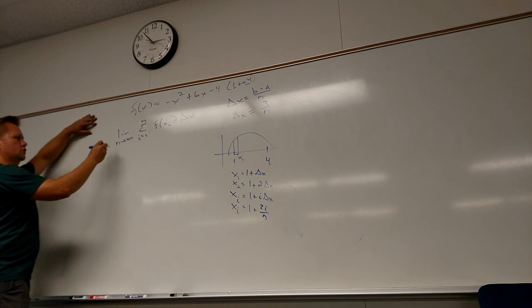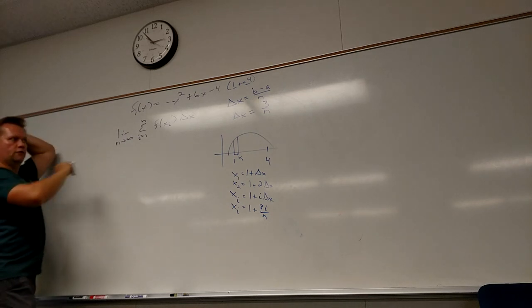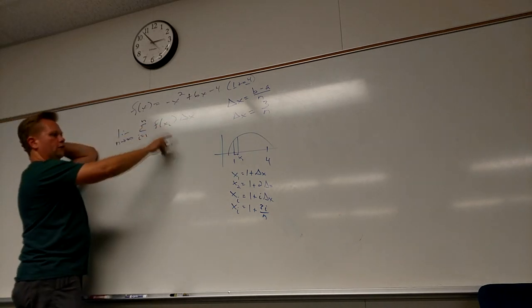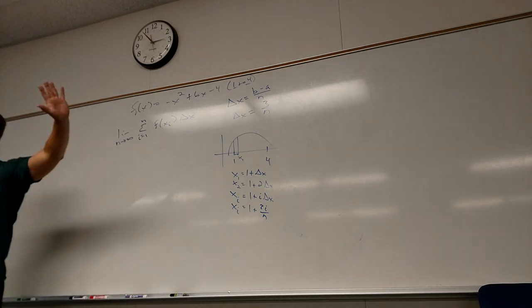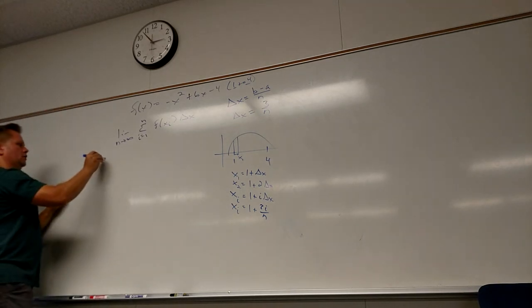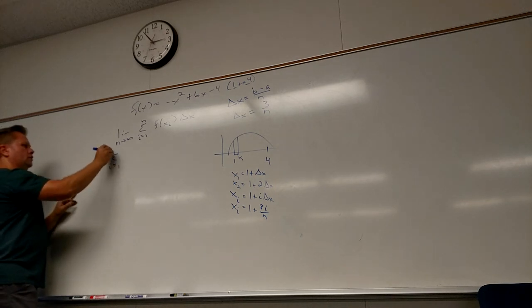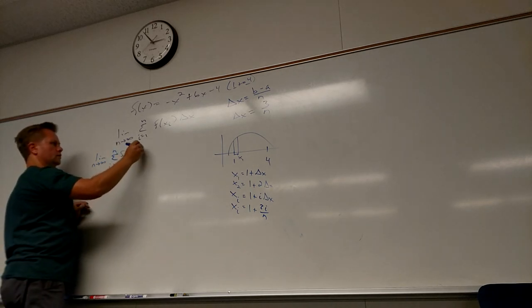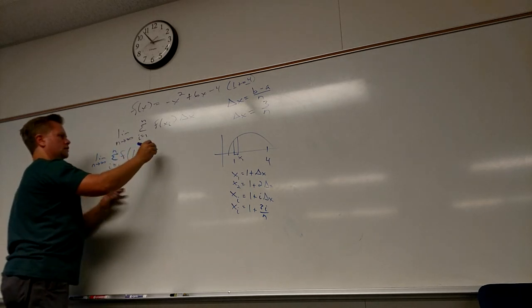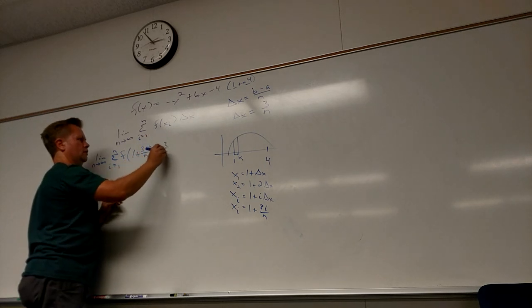All right, so let's start to rewrite what we got here. We figured out what delta x is. We figured out what xi is. Let's plug in what we got so far. We got a lot going on. Limit n goes to infinity, sum i equals 1 to n, f of that times that.